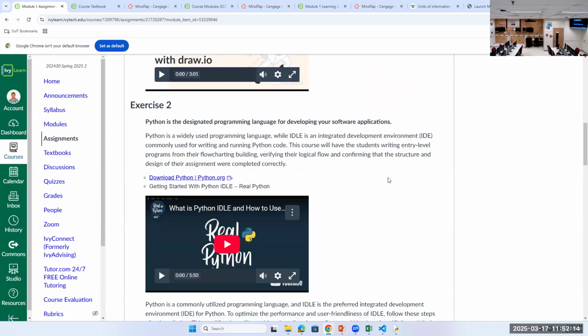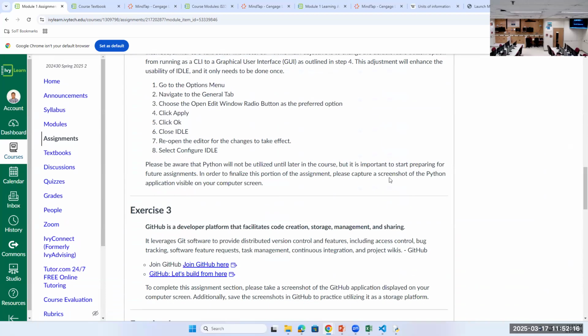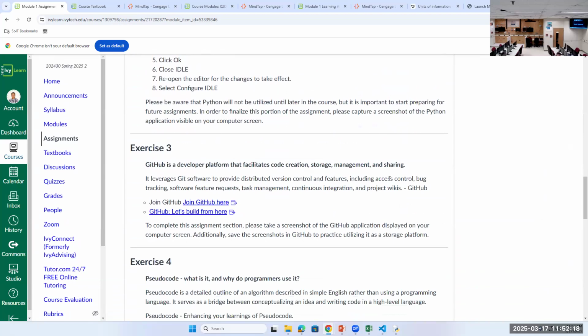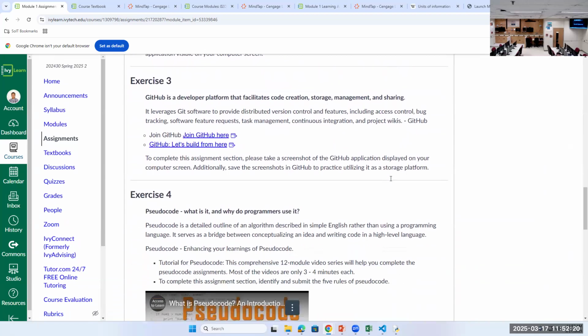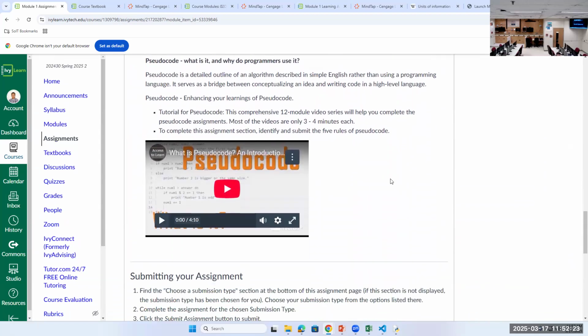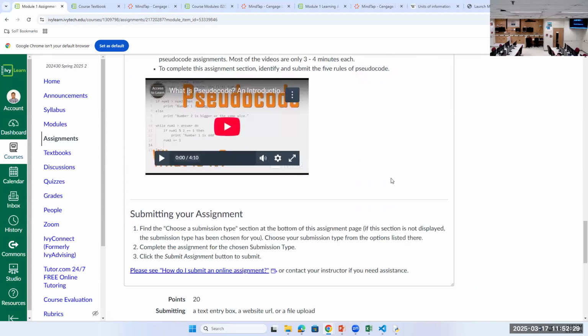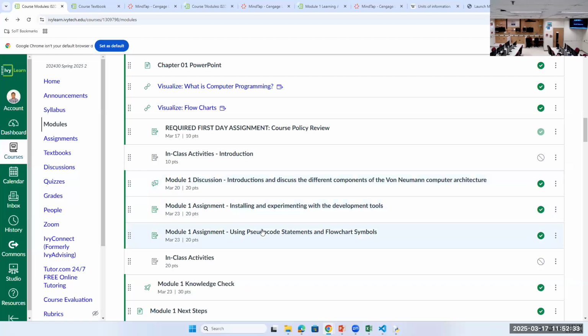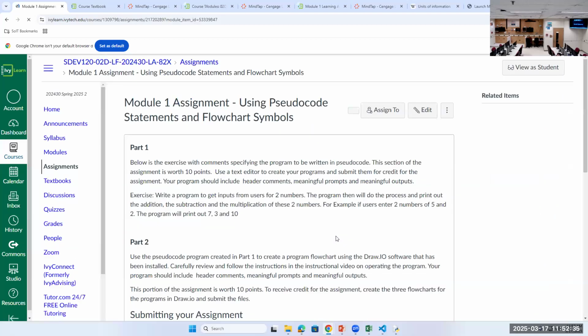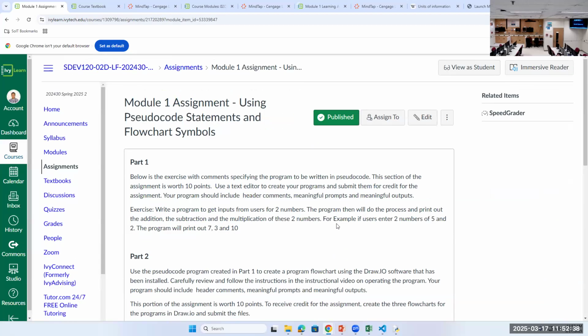You have to make sure you download and install Python and GitHub. GitHub is optional. The second one, about using pseudocode and flowchart, I'll go over with you later on.